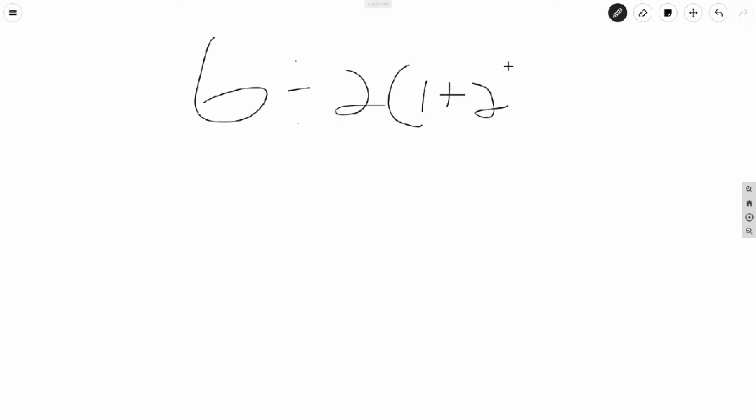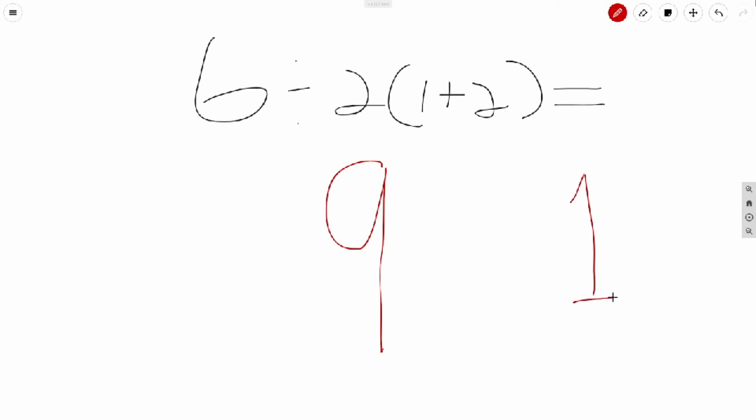Unless you got the answer of this divided by 2, 1 plus 2 equals... Can I change my color? Yeah. 9. Not 1.